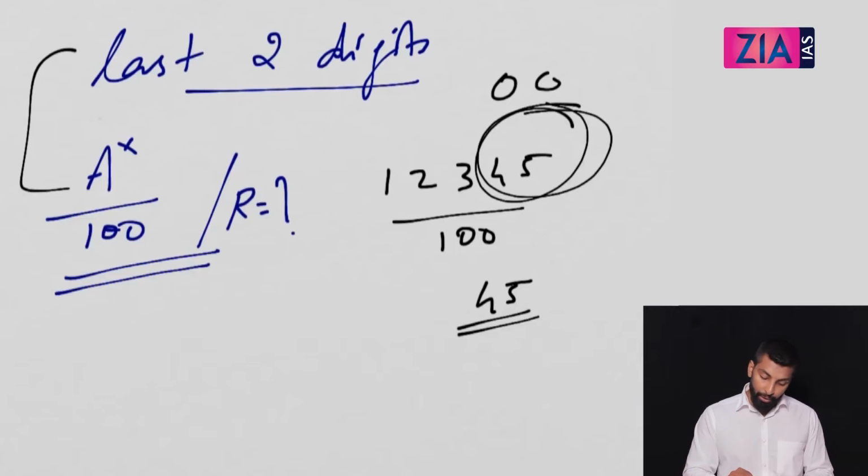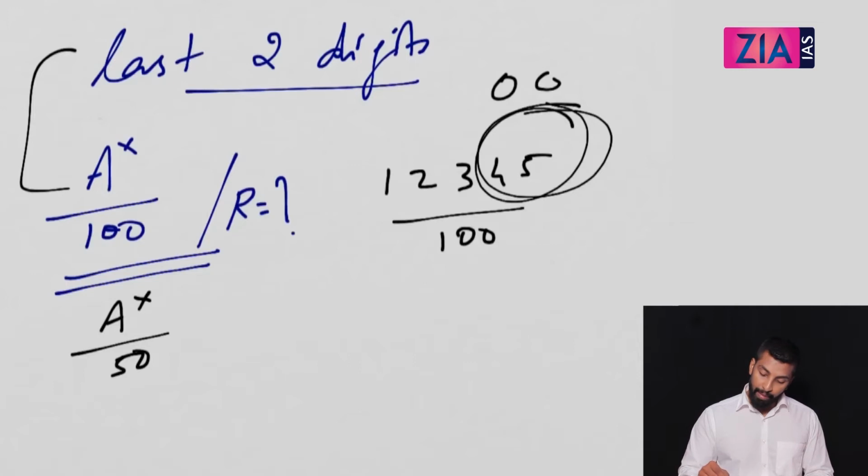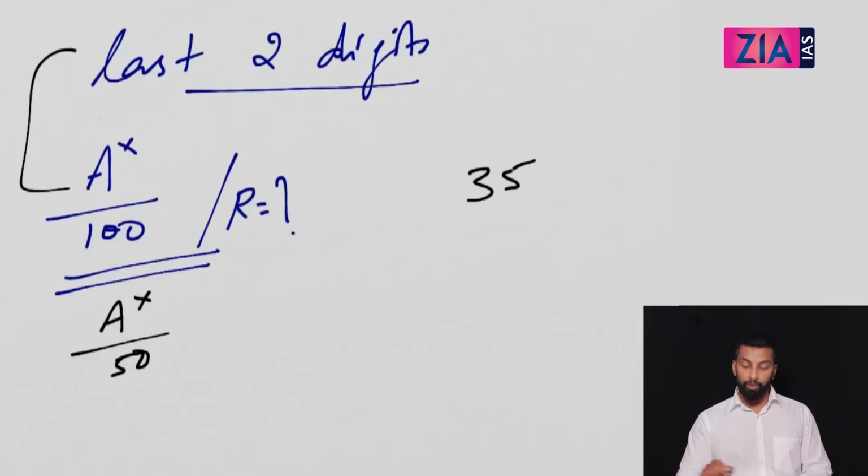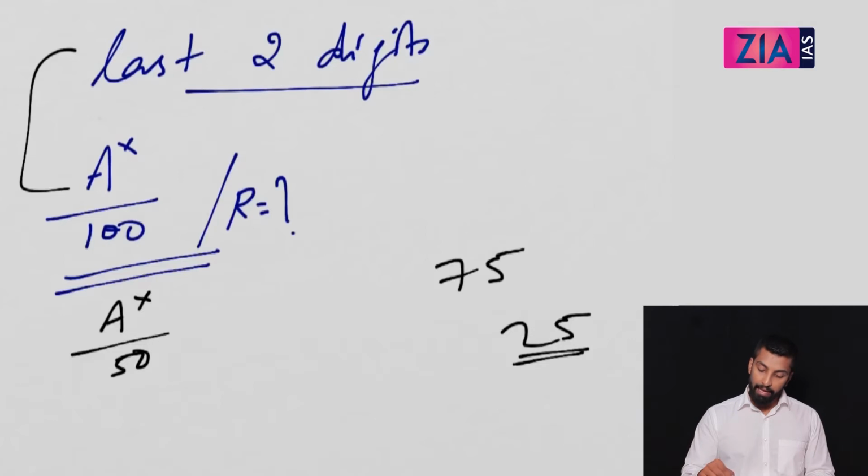Or I can also ask you a raised to x divided by 50. If I ask you the remainder when divided by 50, that also depends on the last 2 digits itself. If the last 2 digits are 35, you can tell the remainder, right? Remainder will be 35. If the last 2 digits are 75, the remainder when divided by 50 will be 25. So you can tell the answer by seeing the last 2 digits.